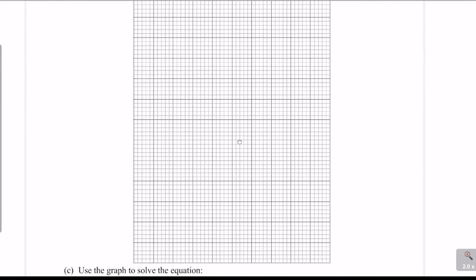So draw the x-axis there, and this is the x-axis and this is the y-axis.